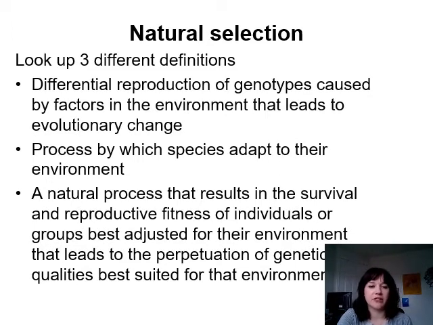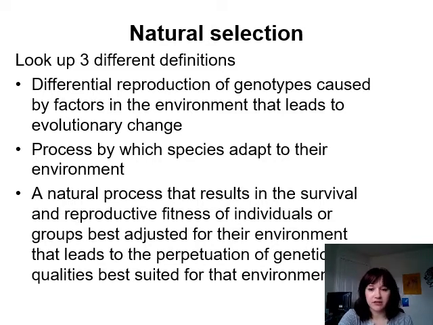So first definition I found was differential reproduction of genotypes caused by factors in the environment that lead to evolutionary change, right? So differential reproduction of genotypes caused by the environment leading to change. The next definition I found was pretty short: the process by which species adapt to their environment.